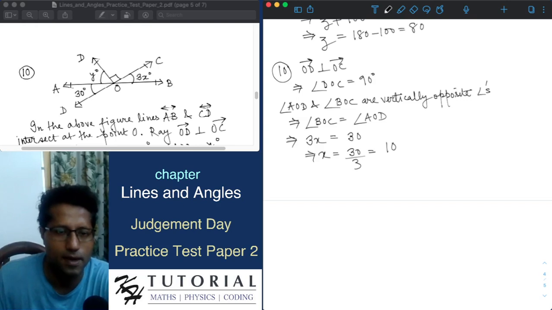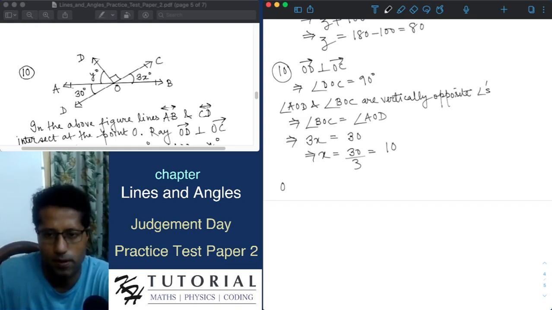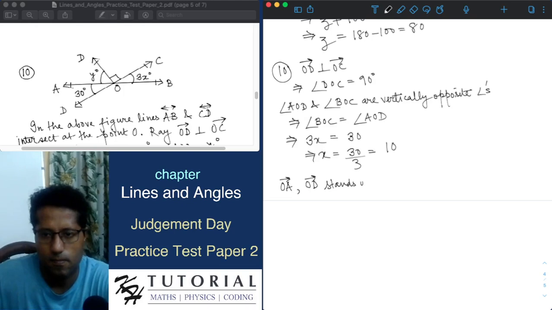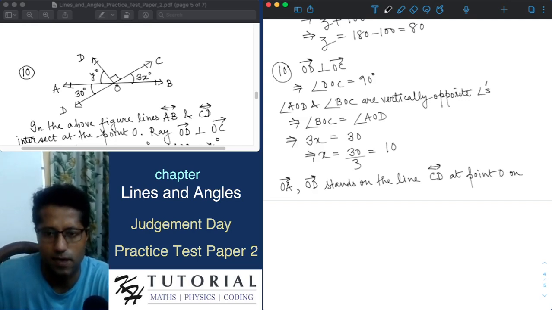Now we can clearly see that since CD is a straight line, and rays OA and OD stand on the line CD at point O on the same side.